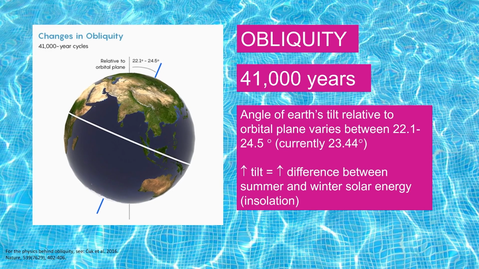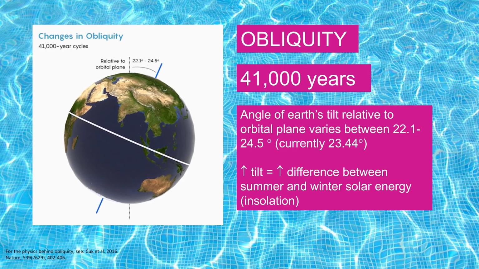Obliquity is the tilt of the Earth. The Earth is on a 23-degree tilt, but actually that tilt can vary between 22 and 24.5 degrees. This is another long cycle. It takes 41,000 years to go through that tilt cycle.